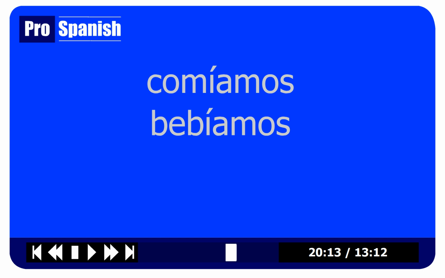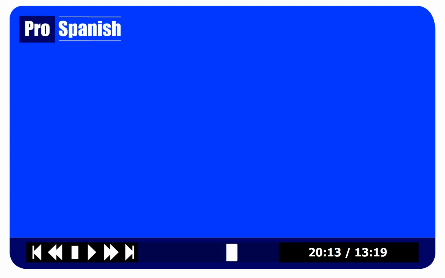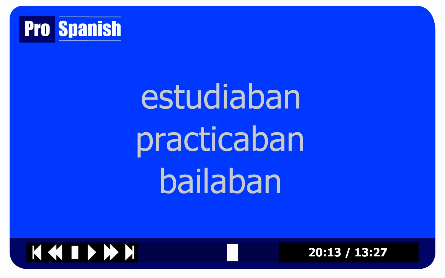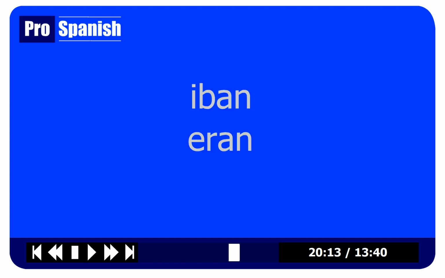The irregular ones, íbamos, éramos, and the they is going to be with the N. So, estudiaban, practicaban, bailaban, or salían, aprendían, and the irregulars, iban, they used to go, or eran, they were.